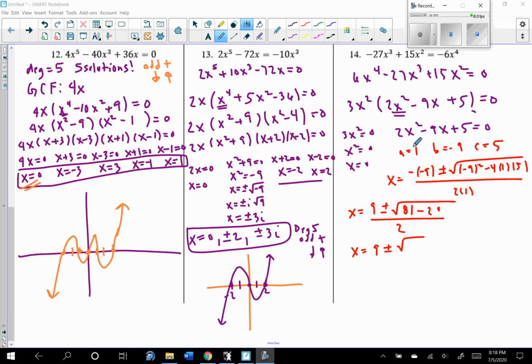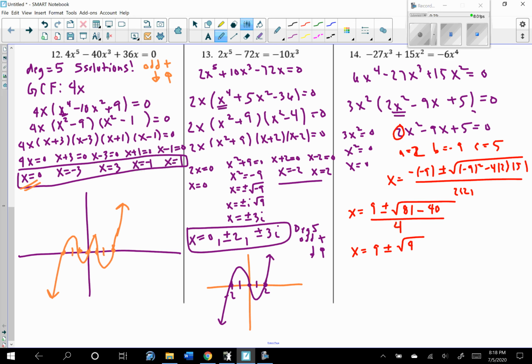Sorry about that. I wrote my a as 1, and the a is not 1. It's 2, so that should have been a 2 there. And that would be a 2 and 2. So that means this is 4. And this would give me 81 minus 40 because 4 times 2 times 5, so 8 times 5 is 40.